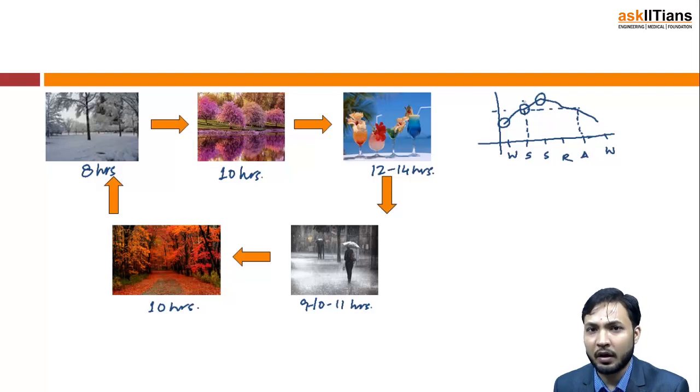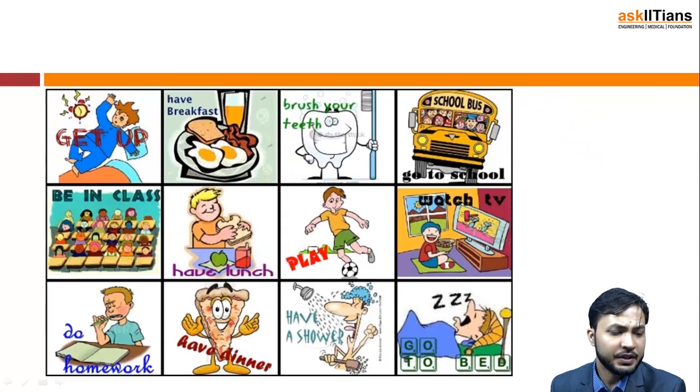Now also let's look at it in our daily life. Let's say this is a general trend that we follow every day. We get up every day in the morning, woken up by our alarm clock. So we get up, we have our breakfast, we brush.